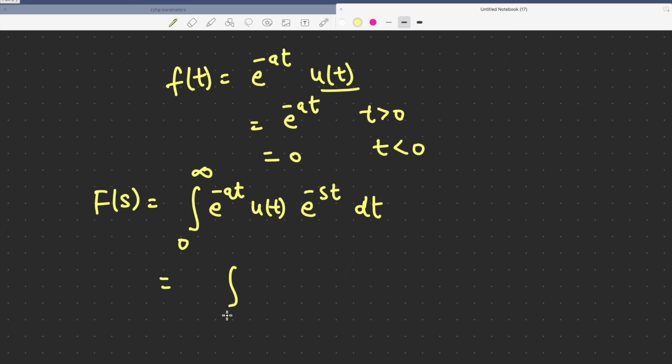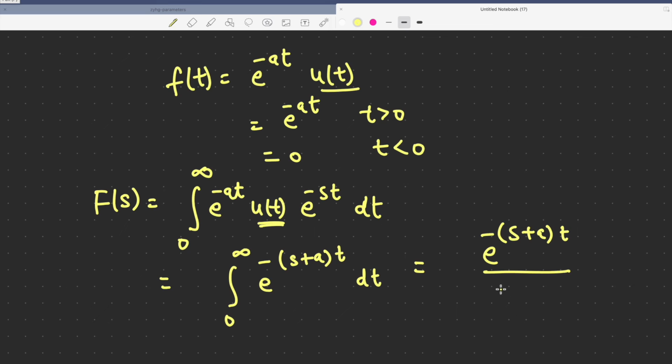So this is 0 to infinity, and you know that for t greater than 0, u(t) is 1, so you have just the function e to the power minus (s plus a)t dt, which can be integrated as e to the power minus (s plus a)t divided by minus (s plus a), integrated from 0 to infinity.